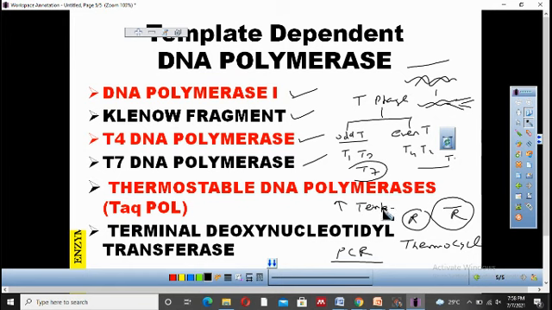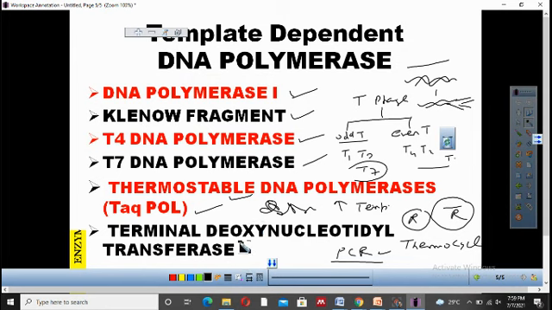And we know that when the temperature is increased, the normal polymerase cannot sustain the high temperature, and it will just get denatured. So to avoid this denaturation of the protein, the thermostable DNA polymerase is very much used in PCR, and that is known as Taq polymerase.